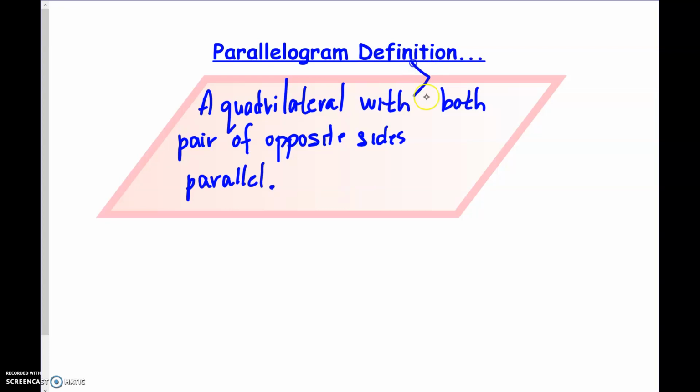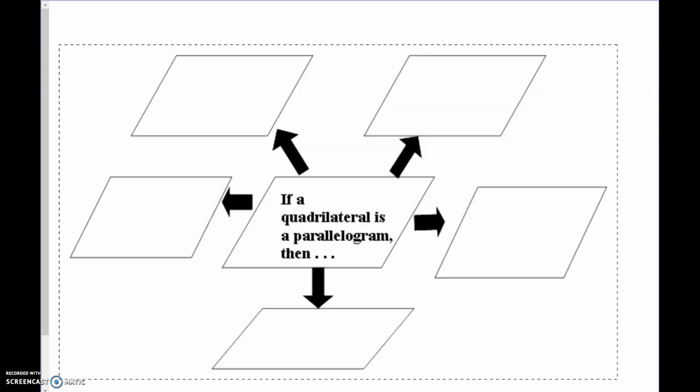So this top side is going to be parallel to the bottom side, and the left side is parallel to the right side. Now, what kind of properties is a parallelogram going to have?